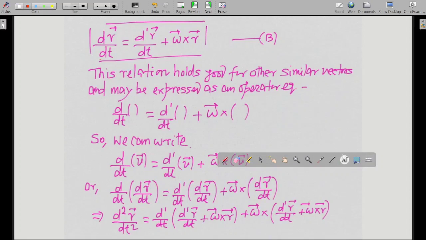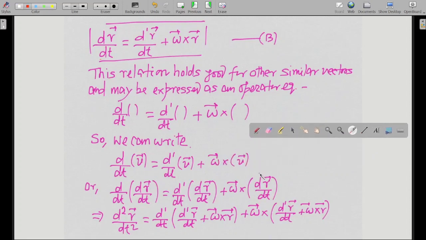So when we put the v vector, in the place of v you can certainly put dr by dt, and in the place of this v also, as we have put v everywhere, you can substitute dr by dt. But certainly you should not substitute the dash over here.